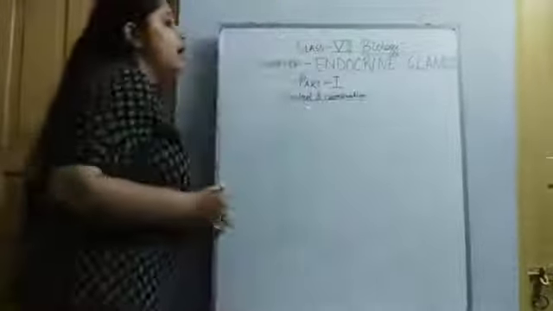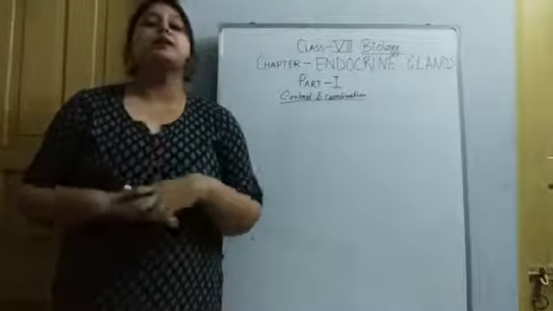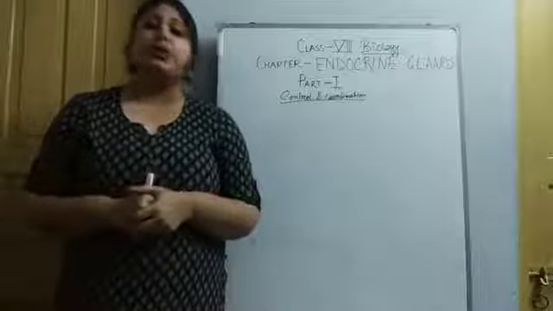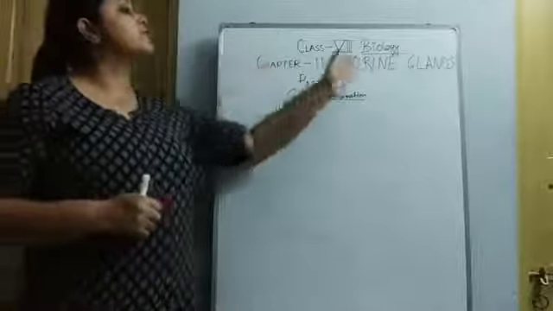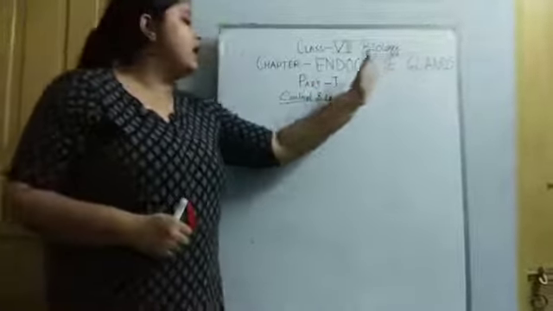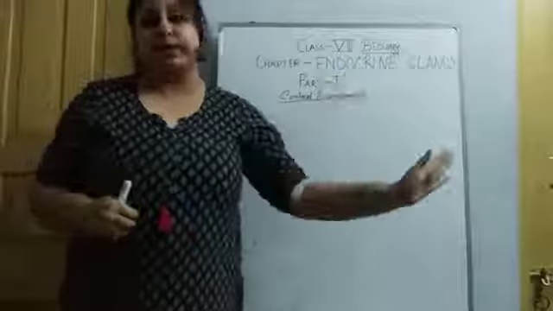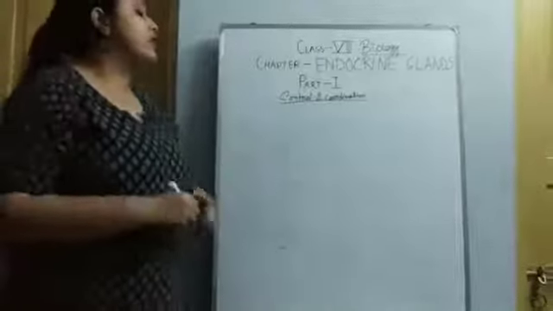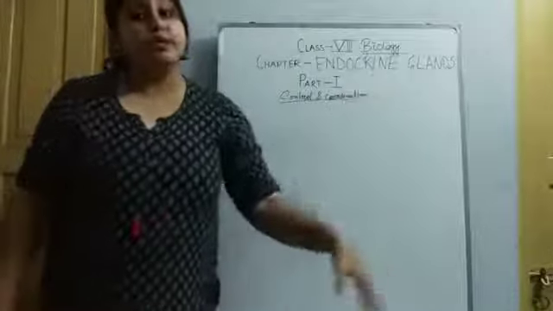As we all know, our body consists of many cells, many tissues, many organs and organ systems. And the main function of these endocrine glands is to coordinate them, to make them function properly. So they have to control and coordinate the body system.